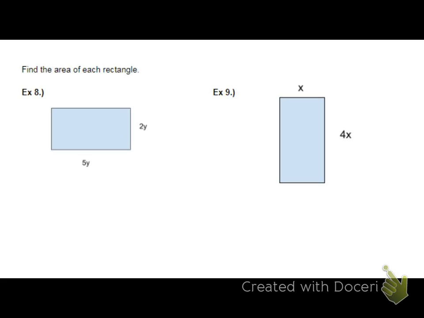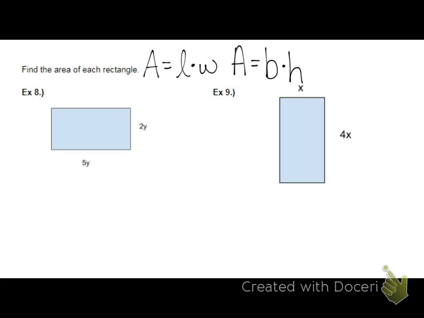Does anyone remember how to find the area of a rectangle in general? Okay, you could either talk about it as length times width or base times height. Either way is fine with me. You'll see it written both ways. So one edge multiplied by the other edge.